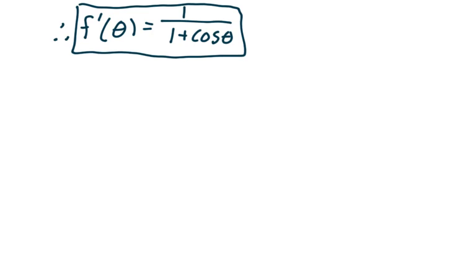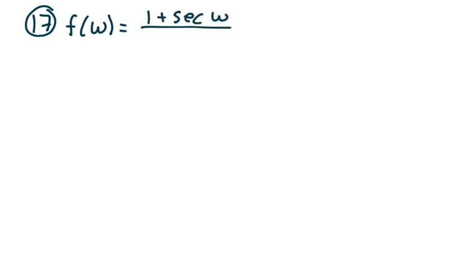And let's do one more for this video. We'll call this problem 17. And on problem 17, we have f of w is 1 plus secant w divided by 1 minus secant w.